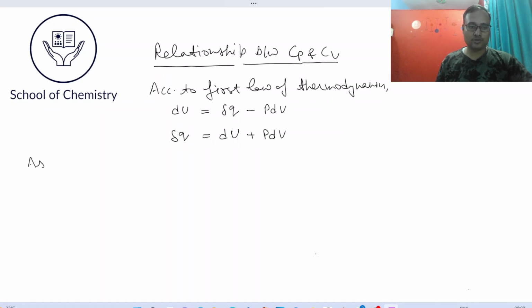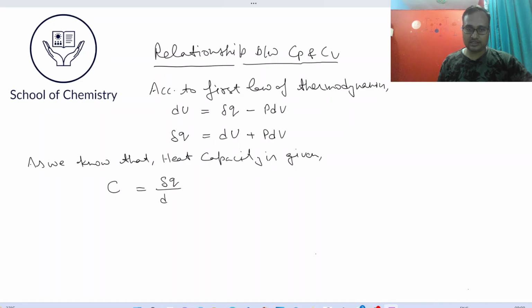Now, as we know, heat capacity or molar heat capacity is given as the heat supplied to the system per change in temperature. So we can write C is equal to delta Q by dT, which can be further written as (dU plus pdV) upon dT.